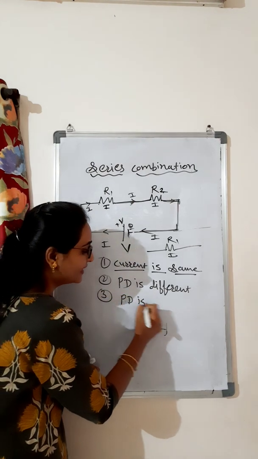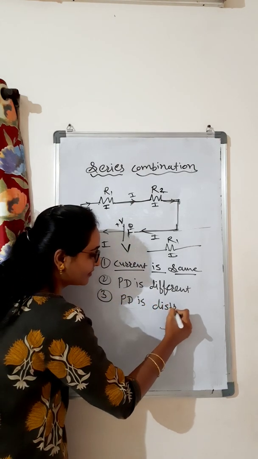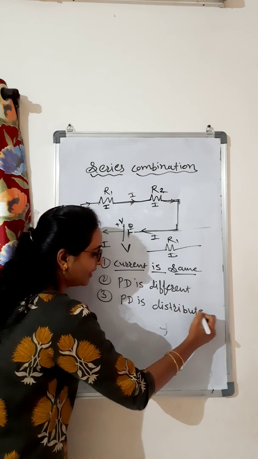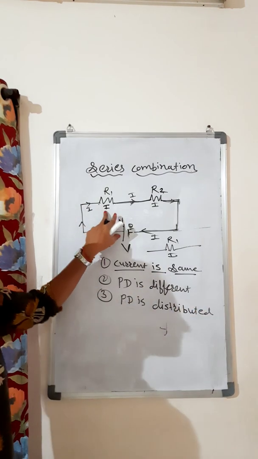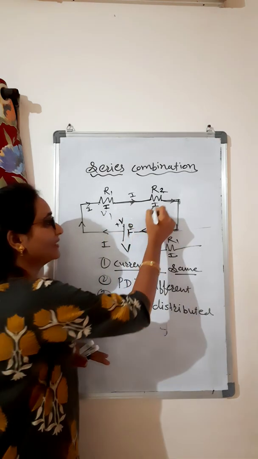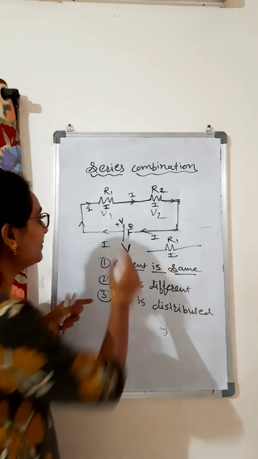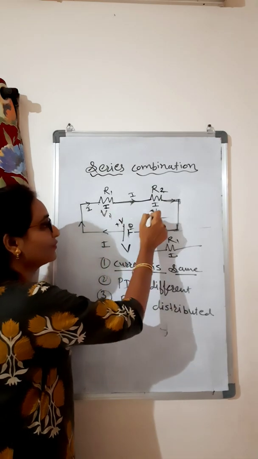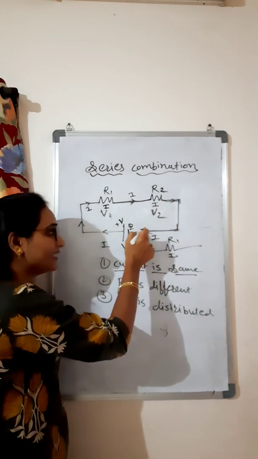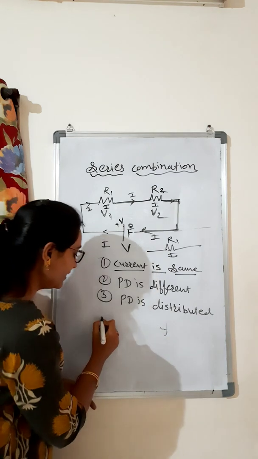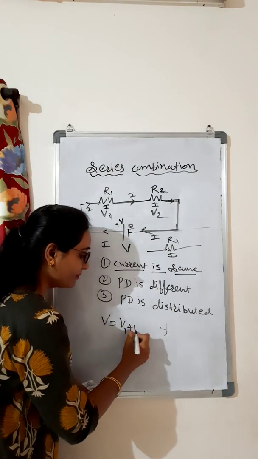Potential difference is distributed among the resistances. Here V1 potential difference is there, here V2 potential difference is there, and out again, you come here to V. Means V is equal to V1 plus V2.